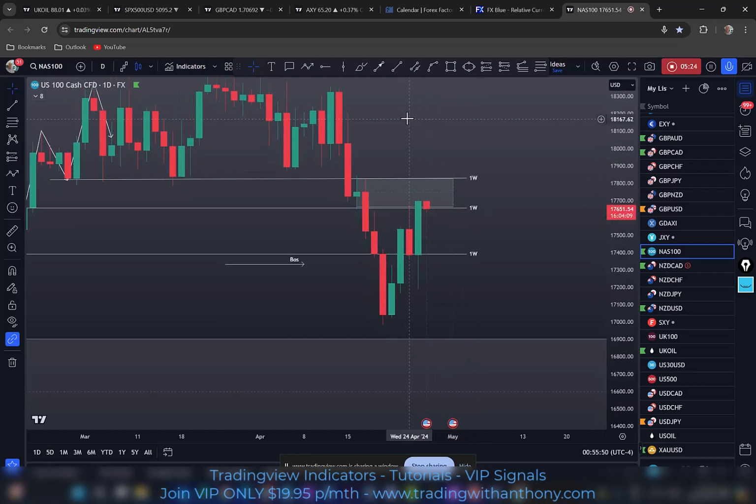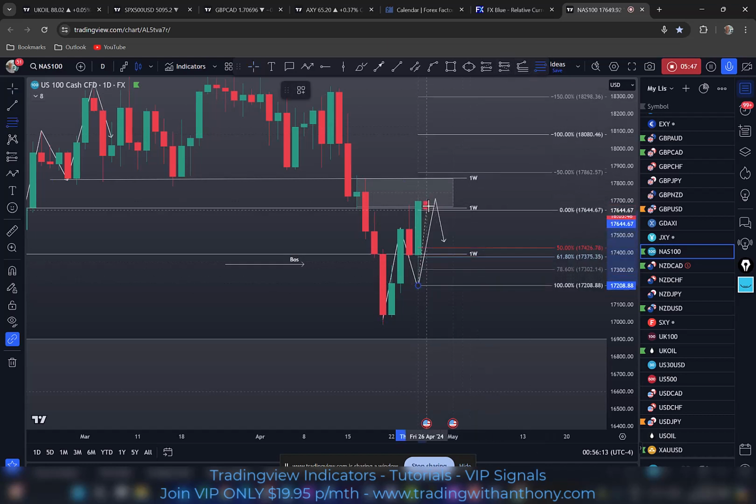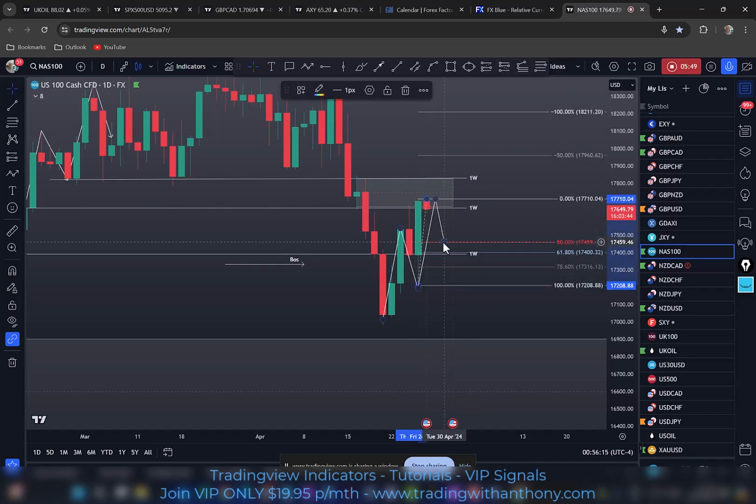And I'm always looking at these price swings, and my rule of thumb is I need to get in at a discount. So if we consider this price swing low to high, low to high, measured move back. Right, this price swing here, 50% of that, low to high Fibonacci, right?